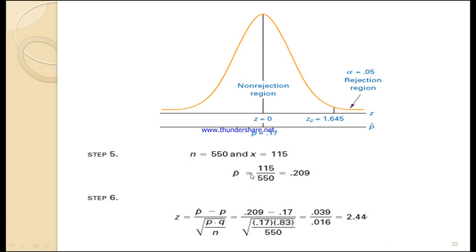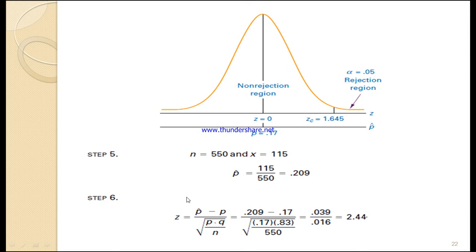Therefore, p naught is equal to x over n. X in our case is 115, those individuals who prefer milk as their primary beverage for breakfast, divided by the total overall sample size, which is 550. Finally, we will get 0.209. This is the sample proportion.